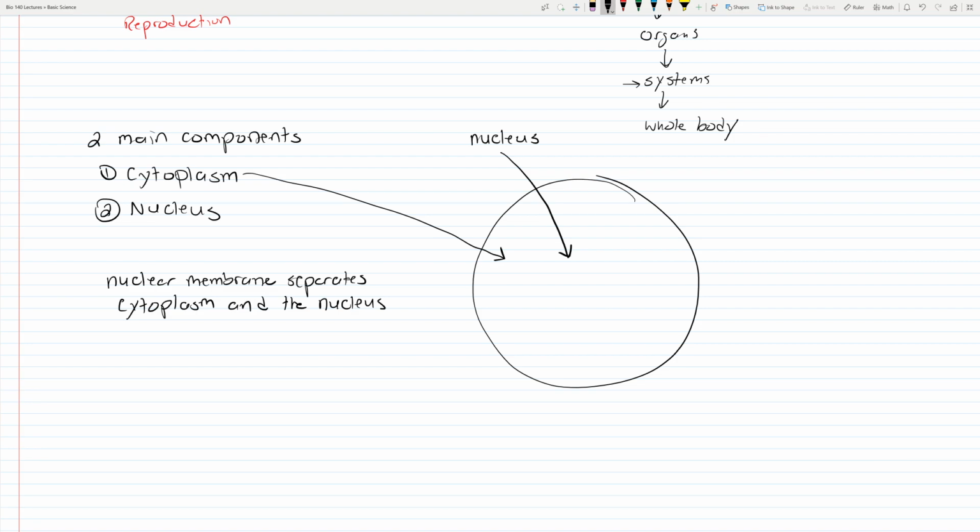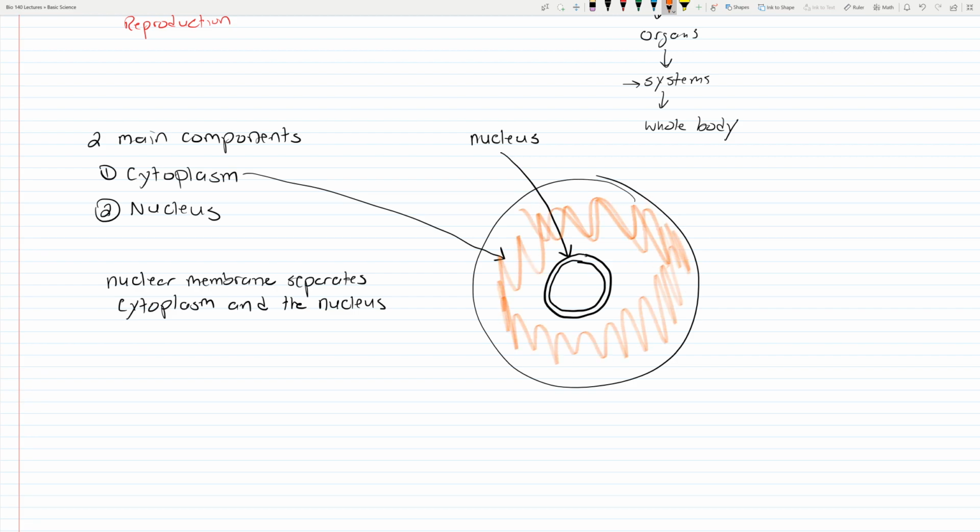I'm actually going to make it its real structure. Nucleus. And I'm going to color back in my cytoplasm because I think that was nice. And I'm rambling, I understand. So the nuclear membrane, it's a double layer. It separates the nucleus from the cytoplasm.